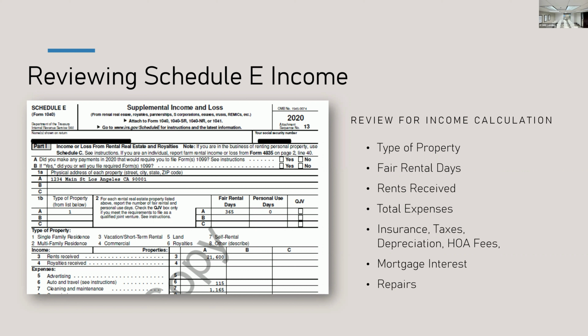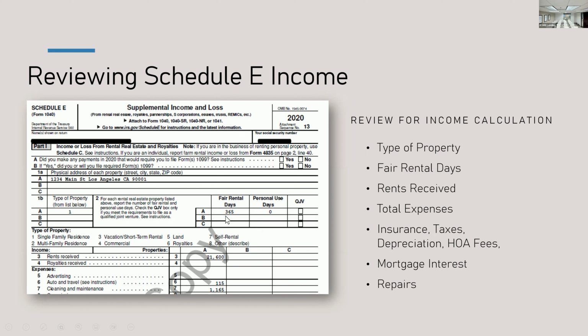Now, this form is used for different things: real estate, royalties, S corporations. Again, it depends on the tax preparer and the borrower, but the majority of the time that we see here is, of course, for rental properties. In this case, we have a borrower who has 1 rental property. Always take a look at this section, the type of property and your fair rental days.